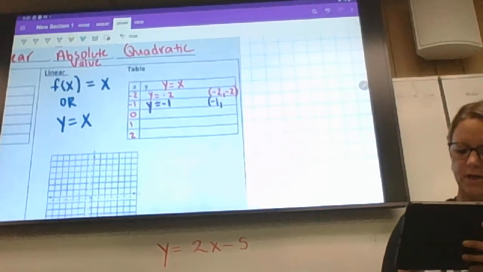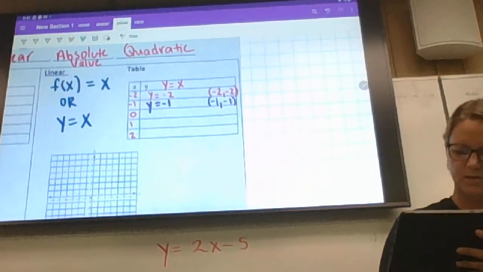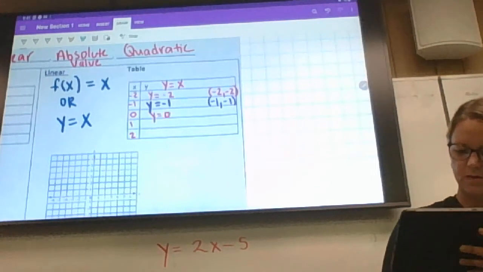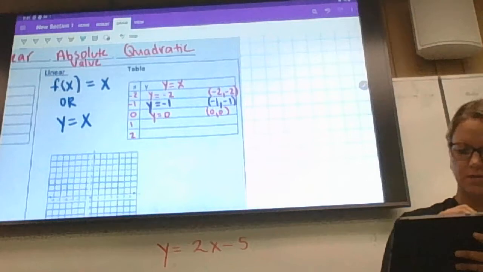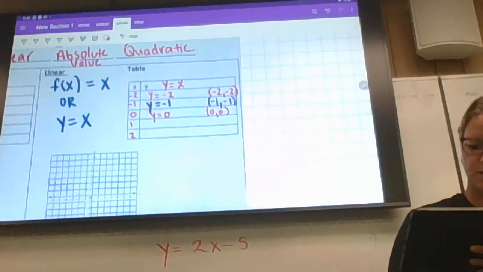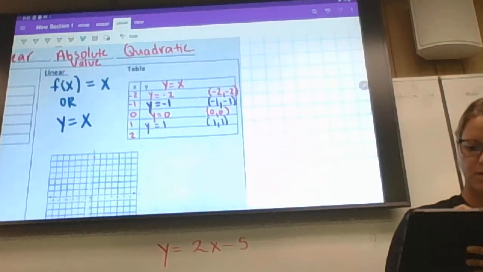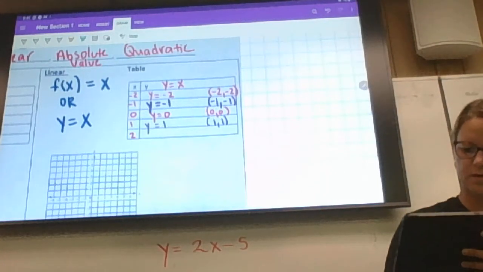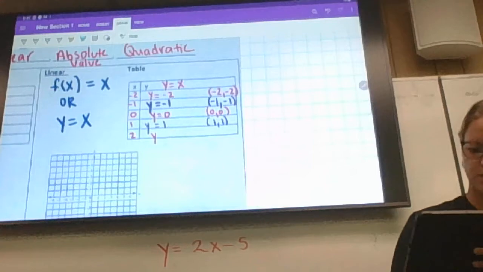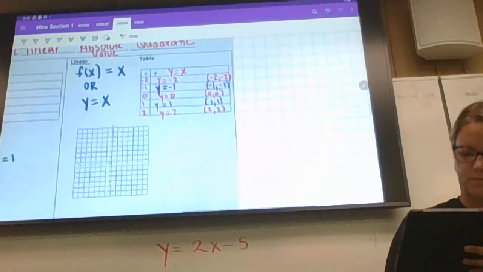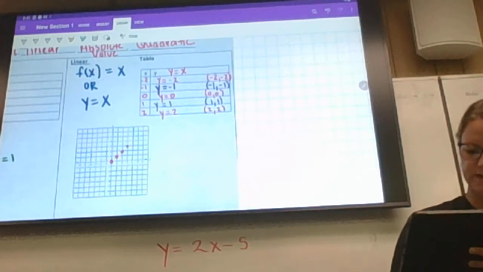So we have an ordered pair at -1, -1. So this is a perfect diagonal.